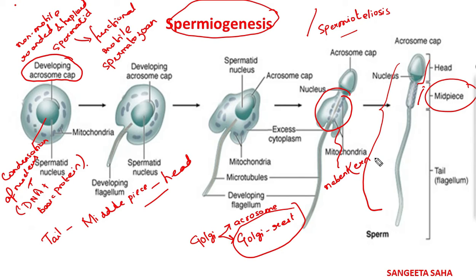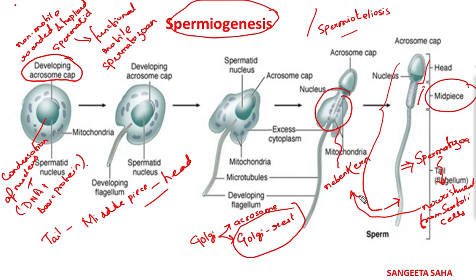The cell basically loses most of its cytoplasm and some cytoplasm which is still there forms the sheath of the tail of the sperm. By now the spermatids mature into spermatozoa and this spermatozoa gets nourishment from the Sertoli cells.